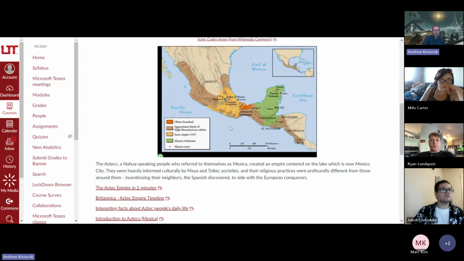So the Aztecs terrified a lot of territory. And this is where the Aztec Empire was. And let's see it in 1519. The Olmecs were around for, people's guess, maybe 1,000 years, something like that. The Maya were around from about 1600 BC to about 1300 AD. So what is that? Almost 3,000 years.